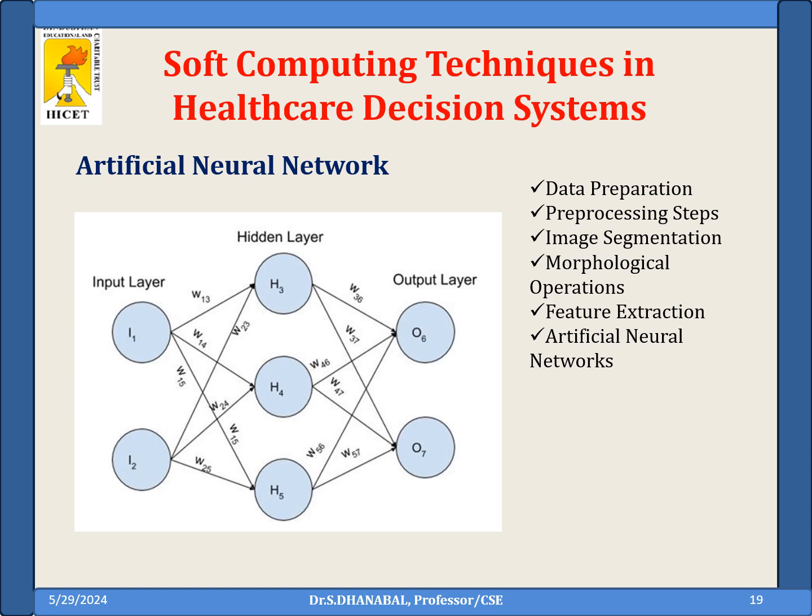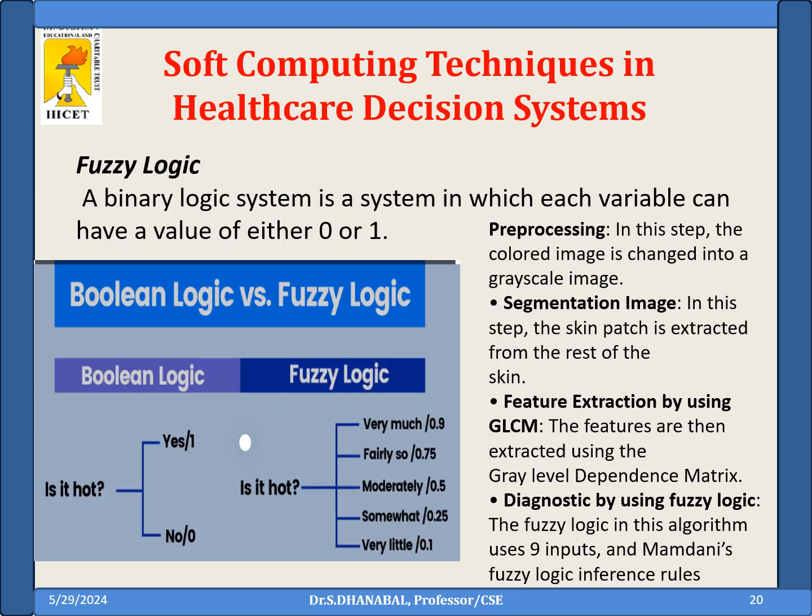So this is the ANN model where we have data preparation, pre-processing steps, image segmentation, morphological operations, and feature extraction. Everything comes under this category in the case of the hidden layer. So we have an input layer and output layer. When we are talking about fuzzy logic, it's a binary logic system, in which each variable can have a value of either 0 or 1.